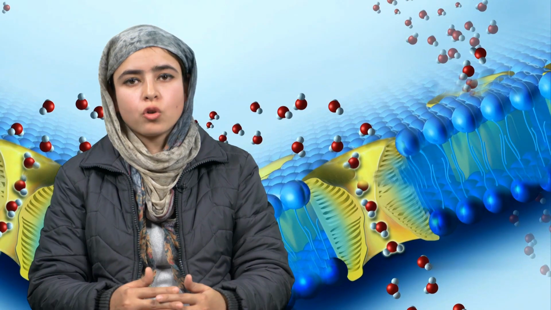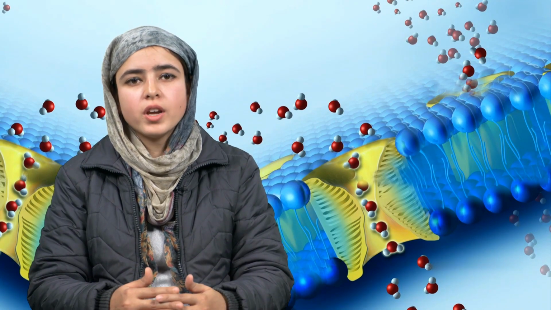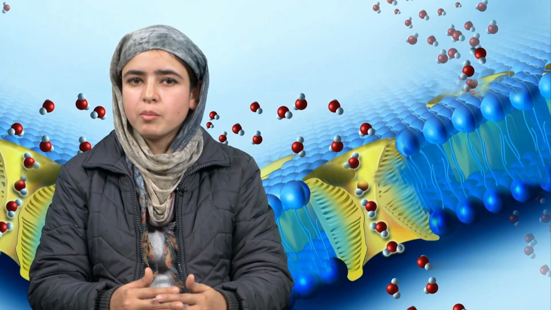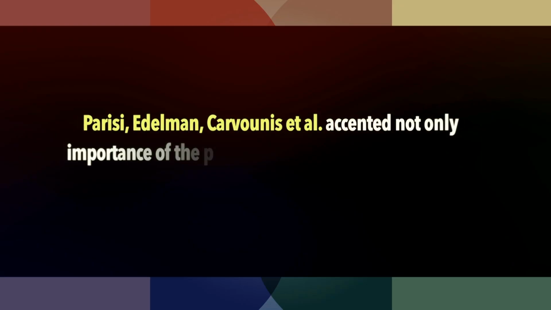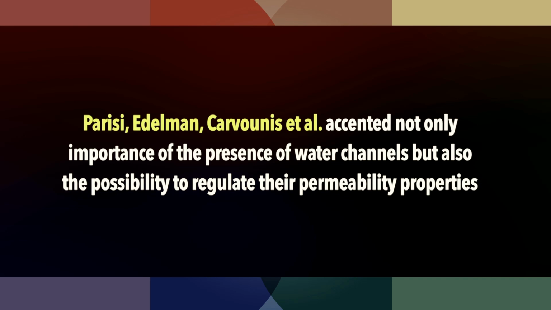Water molecules cross until the next interphase where they left the lipid phase and returned to an aqueous phase. Studies by Parisi, Edelman, Corvol et al. accentuated not only the importance of the presence of water channels but also the possibility to regulate their permeability properties.